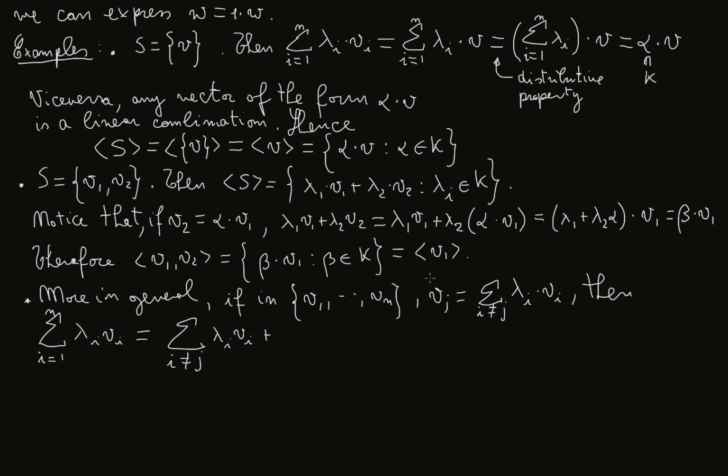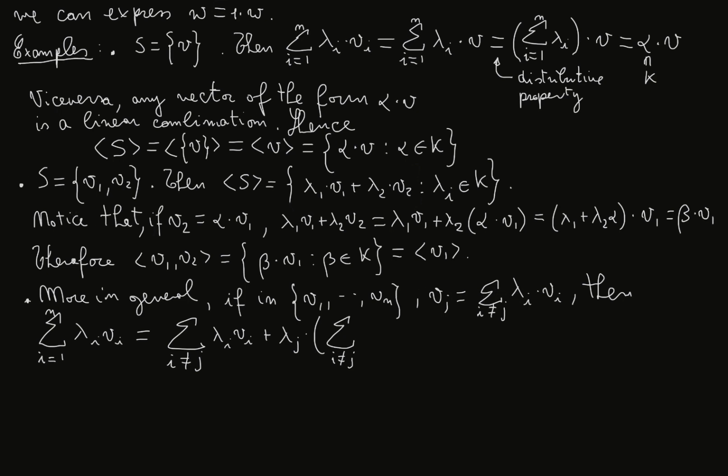But vj has this expression, so we substitute to vj this expression, and we get lambda j times the sum over i. We plug this in vj, this expression. Oh, there is lambda j here and lambda j here, so this is confusing.